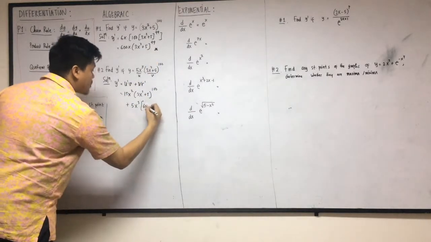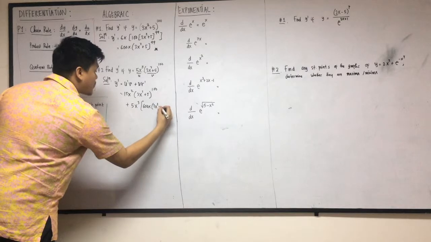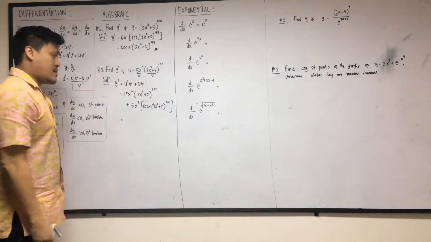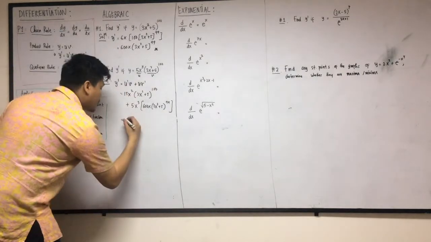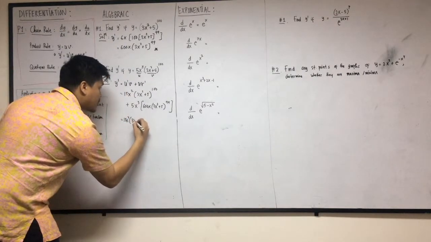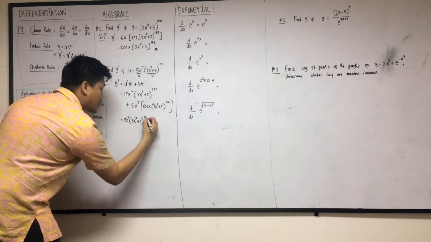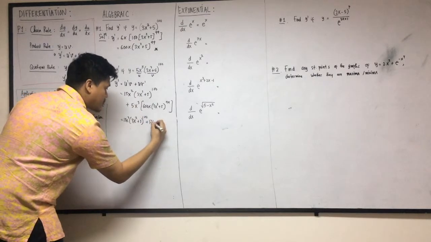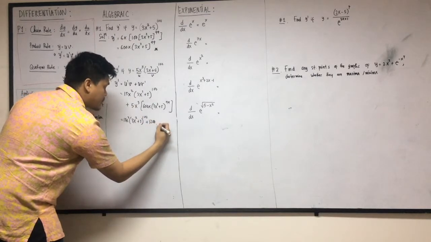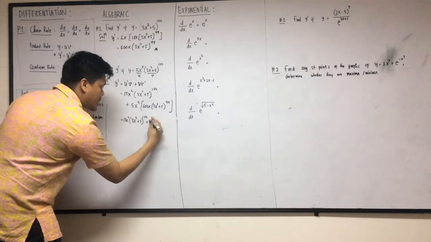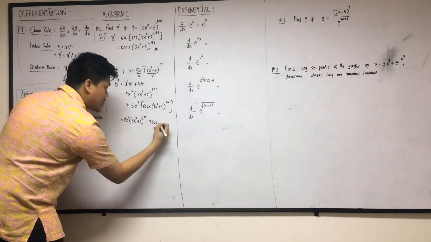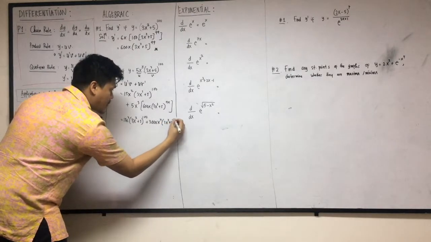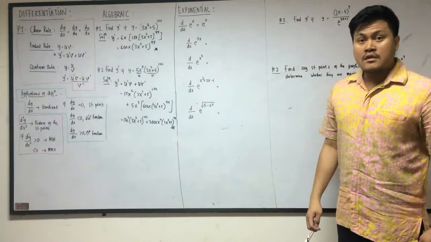So that's going to be 600x times 3x squared plus 5 to the power of 99. And that's about it. If you want to simplify it a little bit more, you'll get 15x squared times 3x squared plus 5 to the power of 100, plus 6 times 5 is 30, so 30 times 100 is 3,000 x to the power of 4 times 3x squared plus 5 to the power of 99. And that's going to be my final answer.